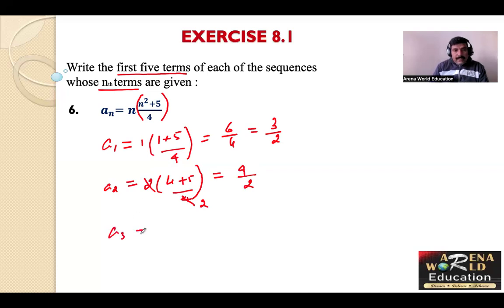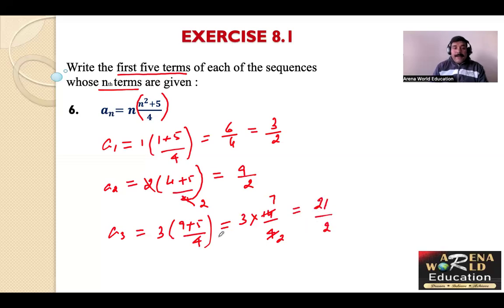So A3 will be 3 into 3 3s are 9 plus 5 divided by 4. So this will be 3 into 14 upon 4. So this will be 7 upon 2. So this will be 21 upon 2, right?